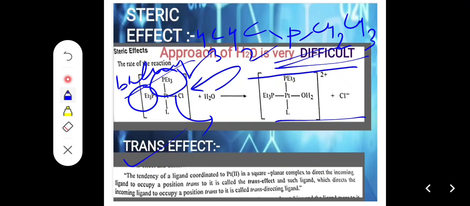Such a ligand which directs the incoming ligand to occupy the position trans to it is basically called a trans directing ligand. So there are some ligands which always show the tendency that the incoming nucleophile, when attached to the metal, should be trans to their position. This is termed as trans effect.